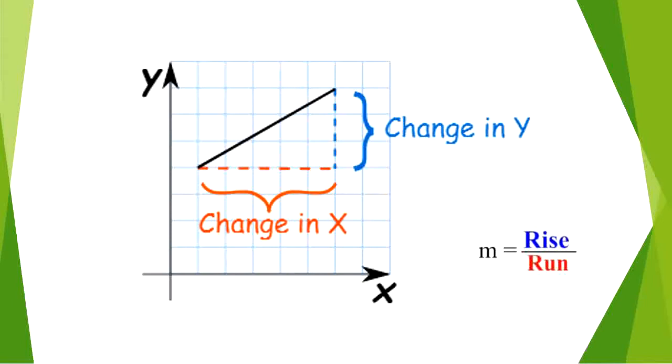And we measure our gradient, which for some strange mathematical reason we call m, as how far we went up, that is the change in the y value, which we call rise, divided by how far we went along, that is the change in the x value, known as run. So steepness depends on how far you went up, rise, and how far you went along, run. The bigger the gradient, the steeper the line.